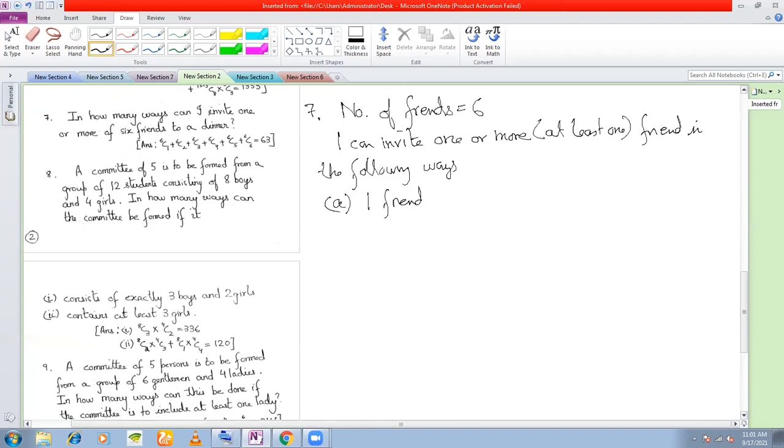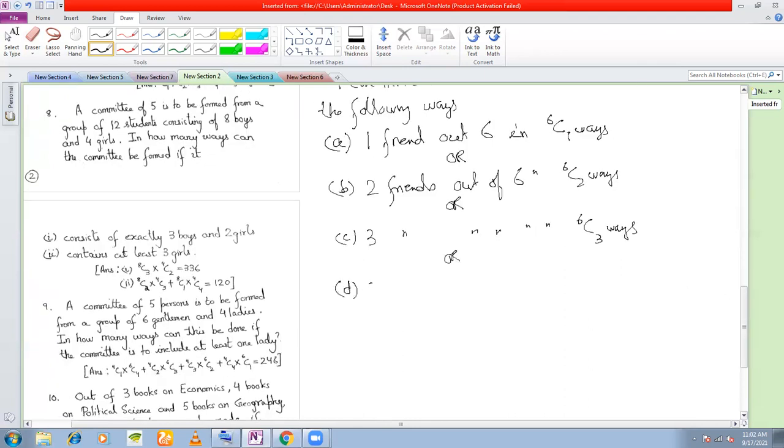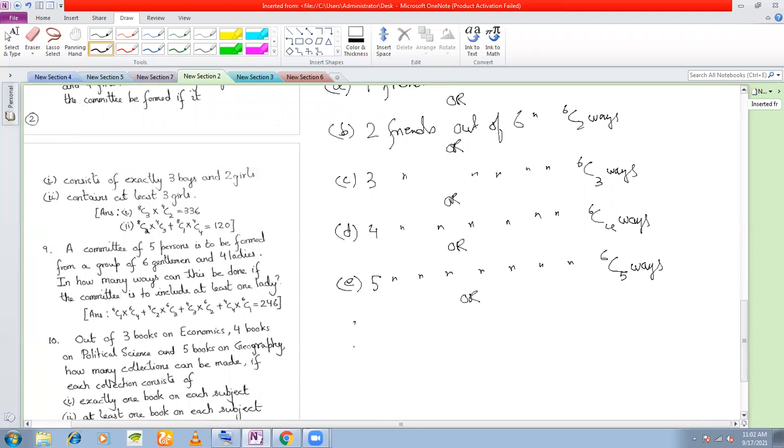One friend out of 6 in 6C1 ways, or 2 friends out of 6 in 6C2 ways, or 3 friends out of 6 in 6C3 ways, or 4 friends out of 6 in 6C4 ways, or 5 friends out of 6 in 6C5 ways, or, and finally, all 6 friends I can invite in one way, 6C6 ways.